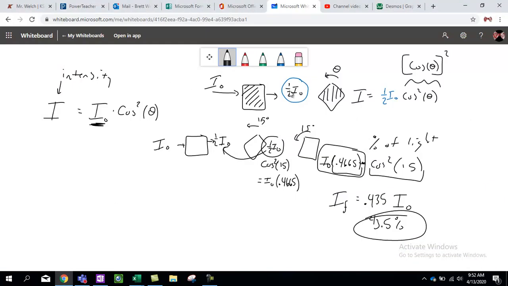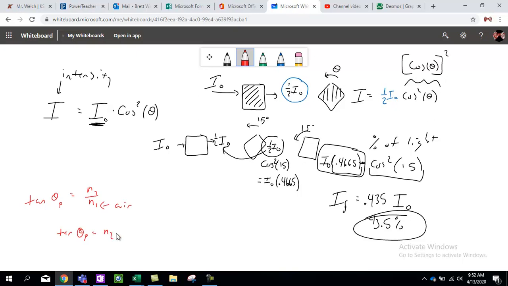Now, when we look at that formula, tangent of theta p, the polarizing angle, will equal n2 over n1, where n2 and n1 are our indices of refraction. n1 for us on Earth is usually going to be air, which means that the tangent of theta p equals n2.